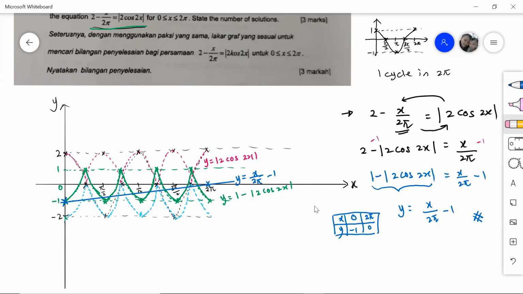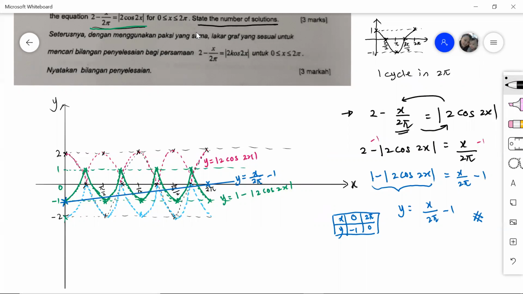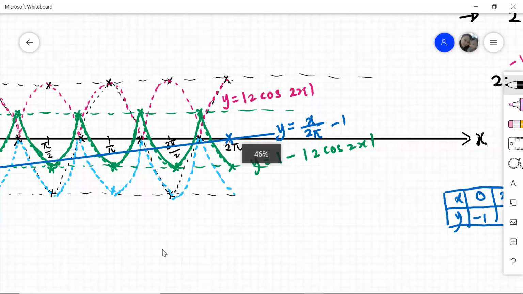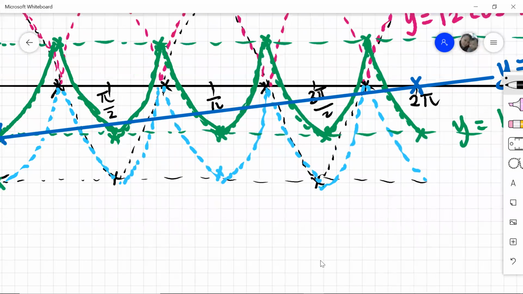Okay, so now we have to answer the question. The question is asking to state the number of solutions. So look at this graph.